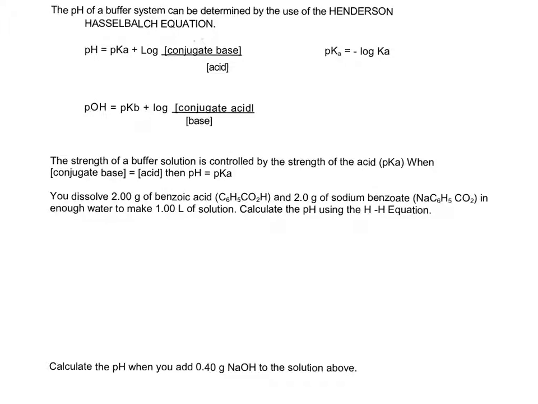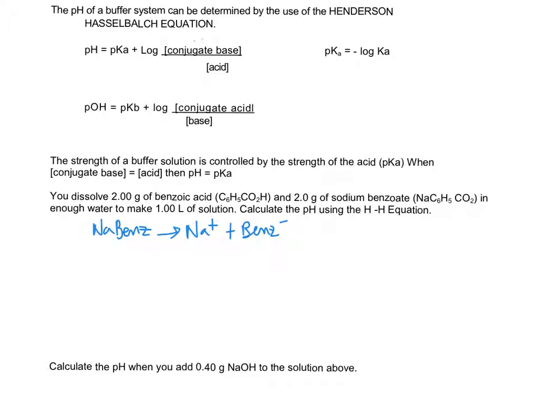And so my salt, I'm going to start with that, and I'm going to call sodium benzoate Na-benz, just for short. If you want to write out your formula, you can totally do that. So that dissociates fully into sodium ion and the benzoate ion.